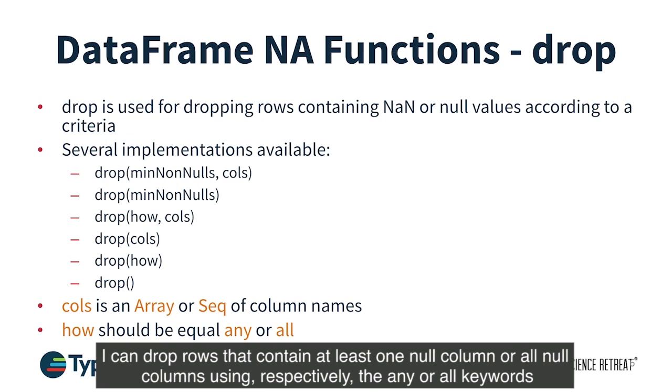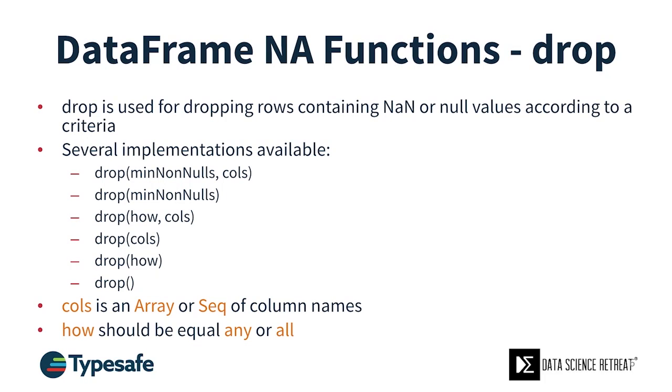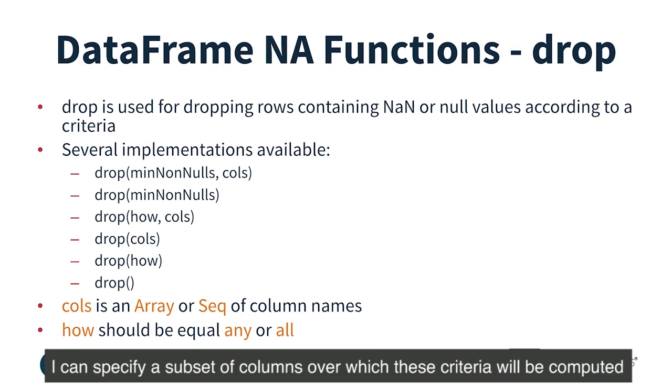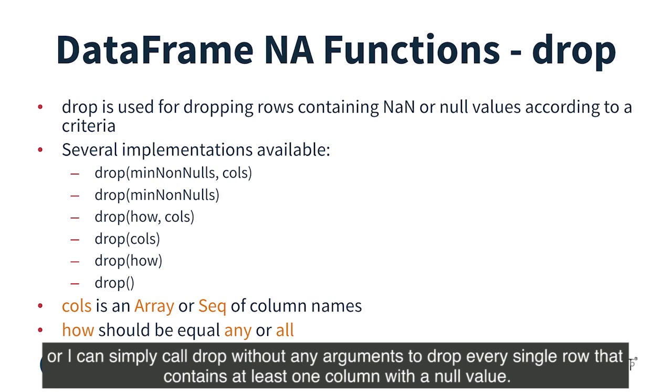I can drop rows that contain at least one null column or all null columns using respectively the any or all keywords. I can specify a subset of columns over which these criteria will be computed, or I can simply call drop without any arguments to drop every single row that contains at least one column with a null value.